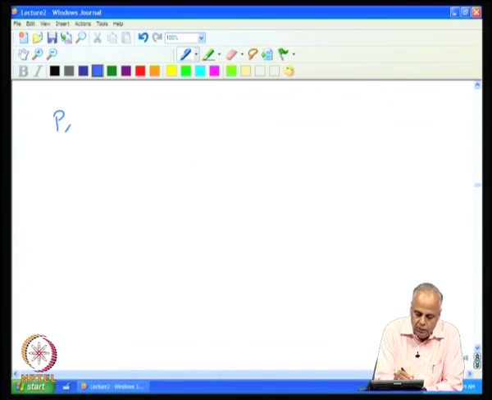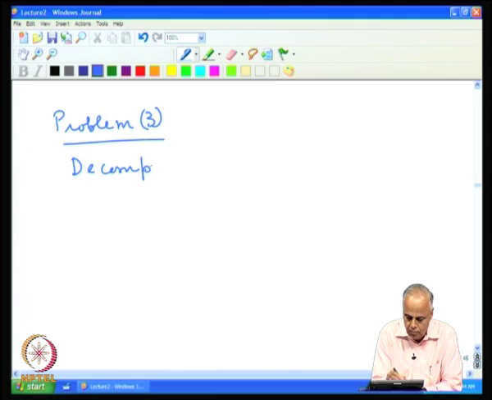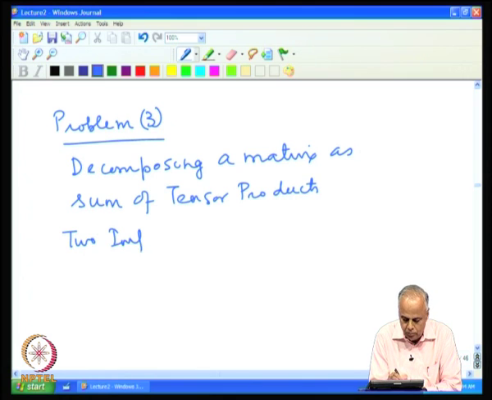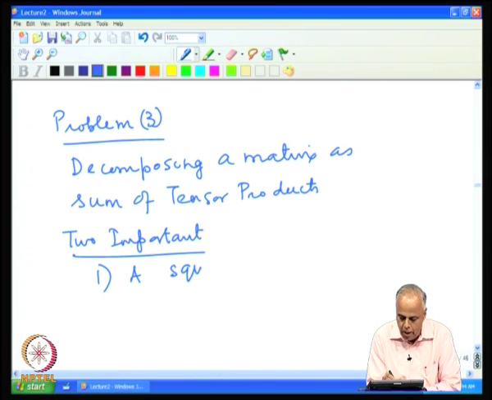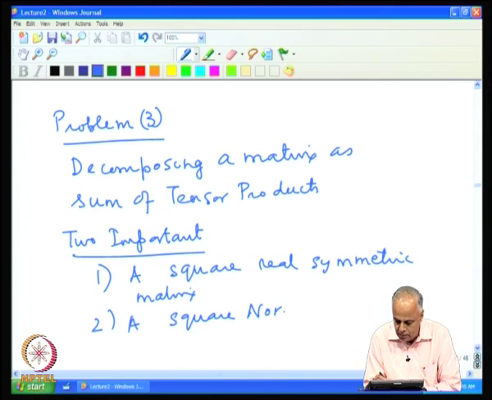If you look at problem 3, in which we are decomposing a matrix as sum of tensor products, two important situations in these are the following: one, when A is a square real symmetric matrix; two, A is what is known as, we will look at the definition later, a square normal matrix.